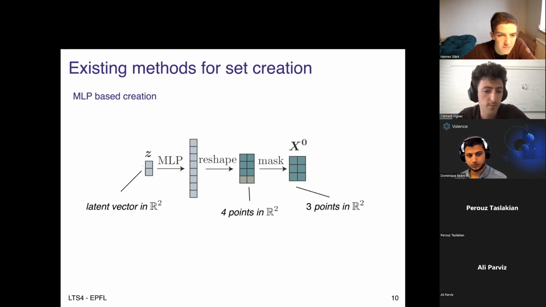So you have your latent vector, you learn a huge MLP, and then this big vector, you reshape it into a matrix of size n max times another dimension, where n max is the maximal size in your data set. And if you want fewer points than this, you just mask this matrix to keep the first rows. So it's a very simple method: just learn an MLP and reshape.